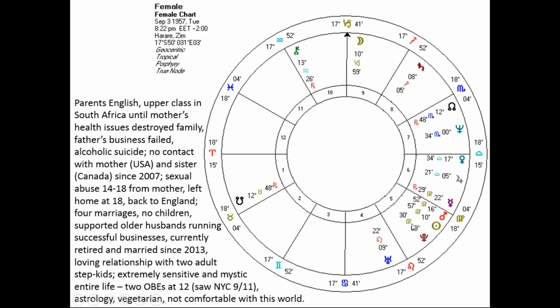And as you do that, this Pluto polarity point at 0 degrees Pisces heals even further, and the 11th house Aquarius polarity point becomes more and more objective.